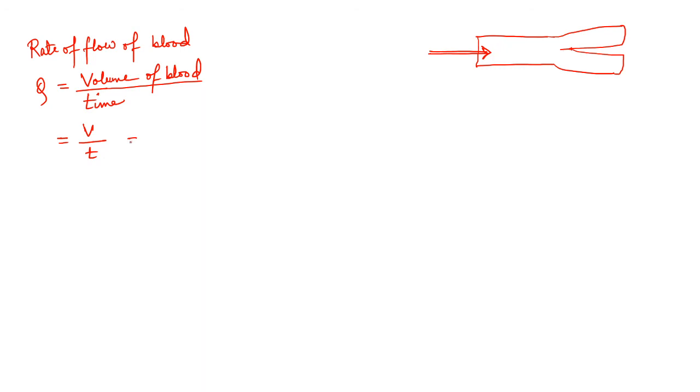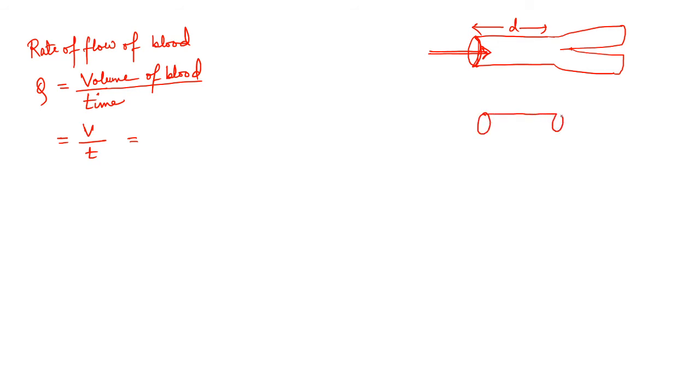Now for calculating the volume, volume is equal to the cross-sectional area of the vessel times the distance. Suppose this is d, the length of the vessel.